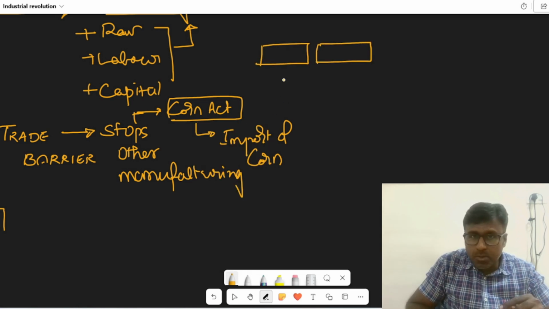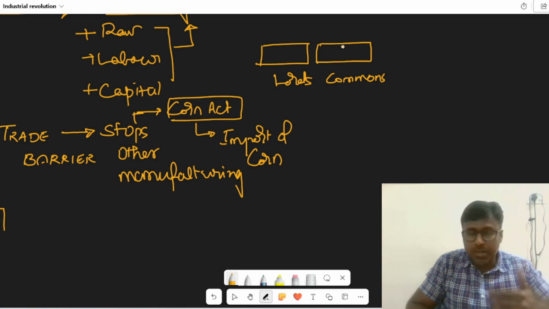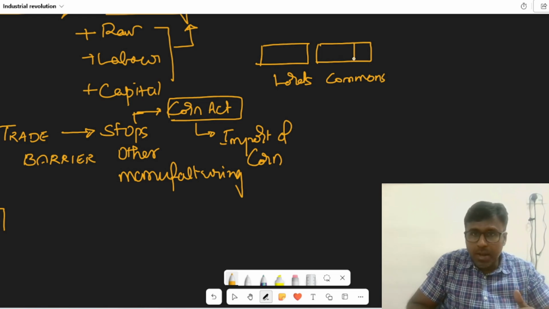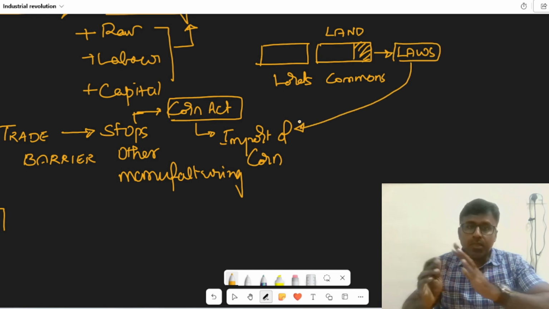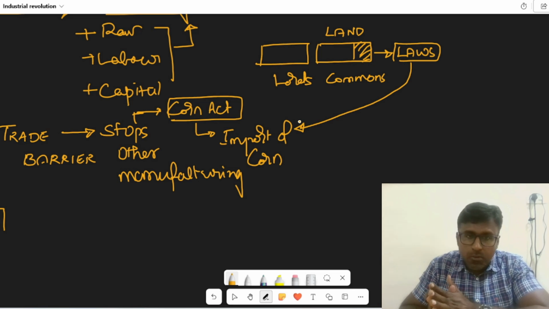In Parliament, so this is the House of Lords. This is the House of Commons. What happens in the transition is that the land holding community slowly loses power, new entrepreneurs come, they push for laws which are actually good for them.